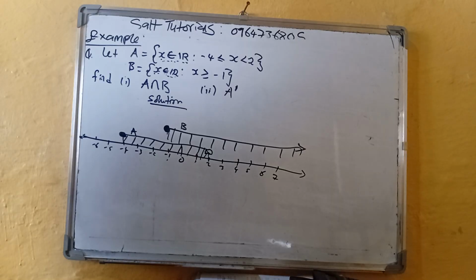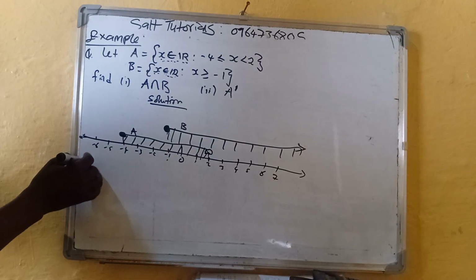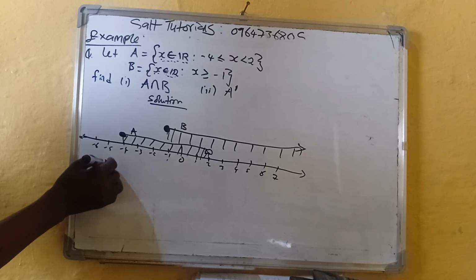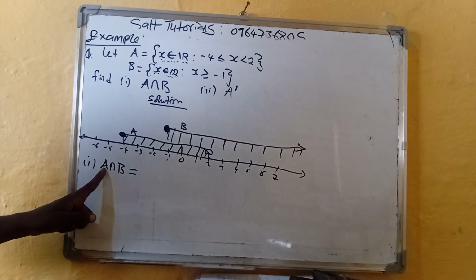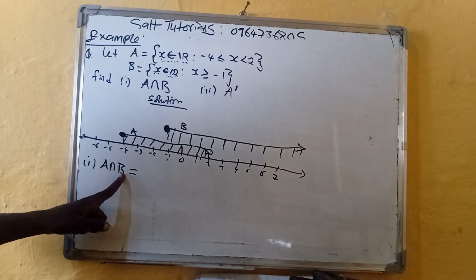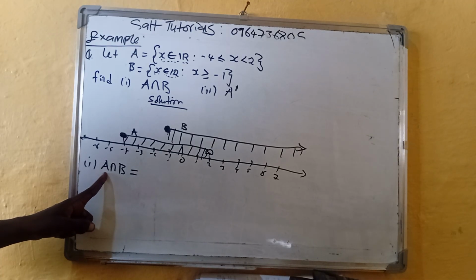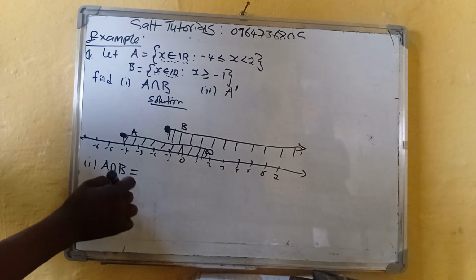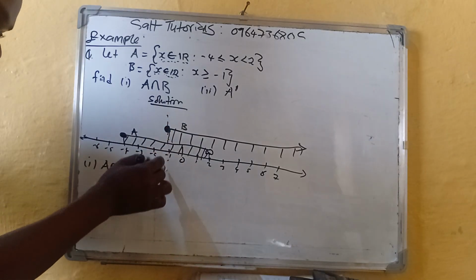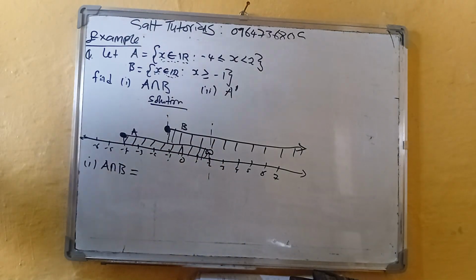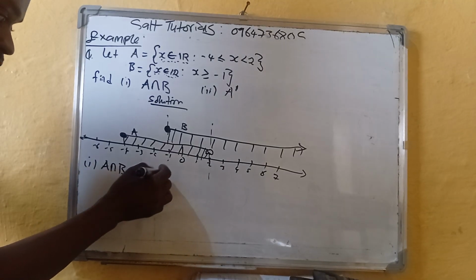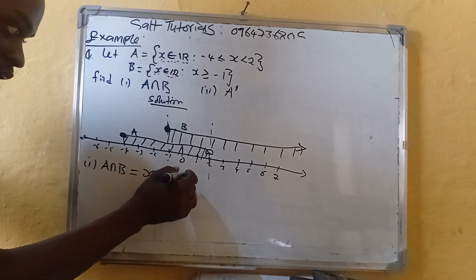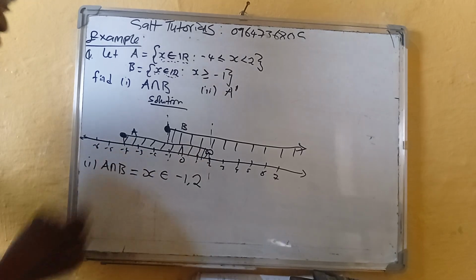Then start answering. When I say A intersection B, what does A intersection B mean? Elements found in A at the same time found in B, isn't it? So look at where we have common items, where the two shadings are meeting. Automatically you can see that A and B are meeting from this particular point to that particular point. So found in both. So my set A intersection B is X being a member of the interval from -1 way up to 2.